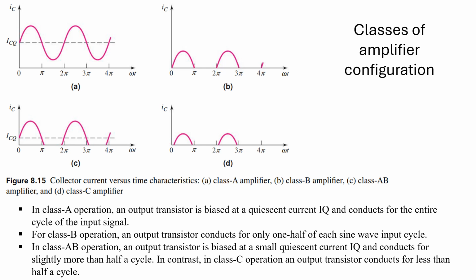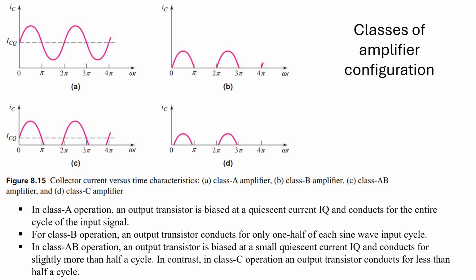The primary difference is that in a class A operation, an output transistor is biased at a quiescent current IQ and conducts for the entire cycle of the input signal. Whatever input signals we are giving, it will conduct for the entire cycle. However, for class B, it will conduct only for half a cycle.